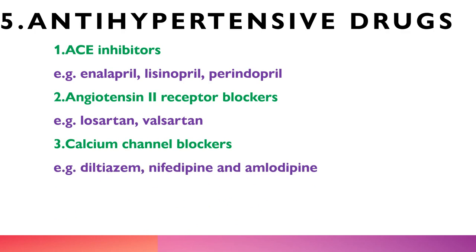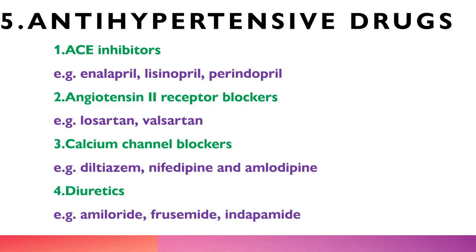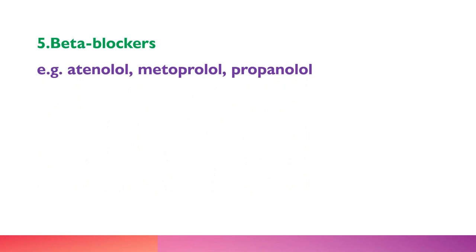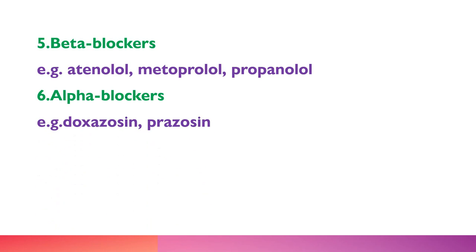Example, diltiazem, nifedipine and amlodipine. Fourth one, diuretics. Example, amiloride, furosemide, indapamide. Fifth one, beta blockers. Atenolol, metoprolol, propranolol. Sixth one, alpha blockers. Example, doxazosin, prazosin. Seventh one, vasodilators.